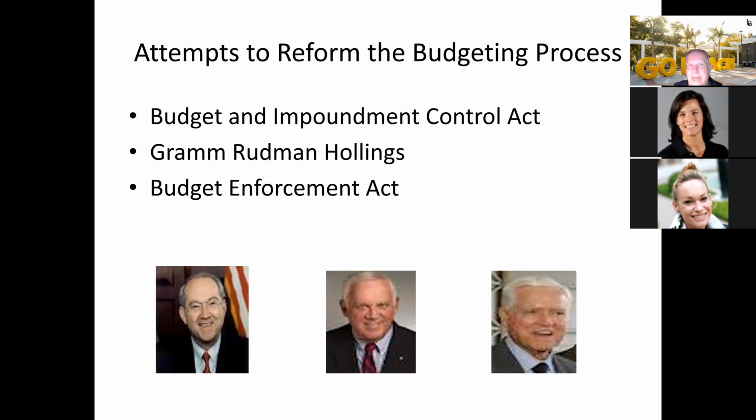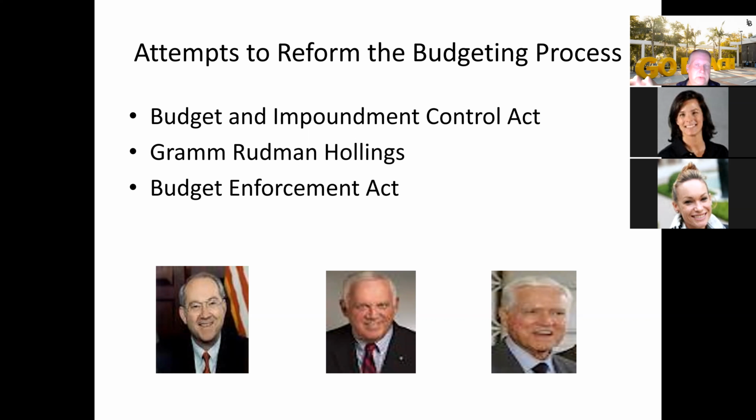Then in the 1980s, we shifted our focus. We said instead of focusing on the process, we should focus on deficits, because the federal government has run a budget deficit every single year between 1969 and today, with the exception of 2 years. There are only 2 years, 1999 and 2000, where we did not run a federal budget deficit.